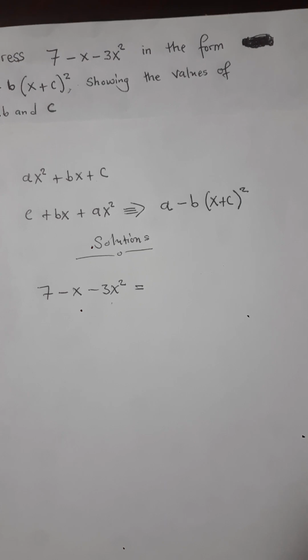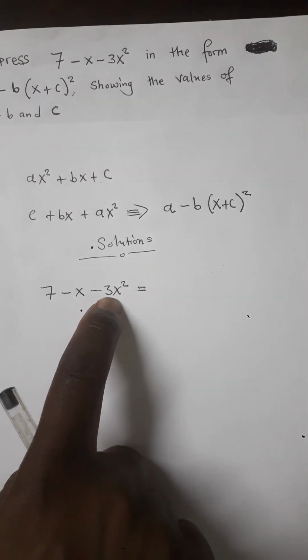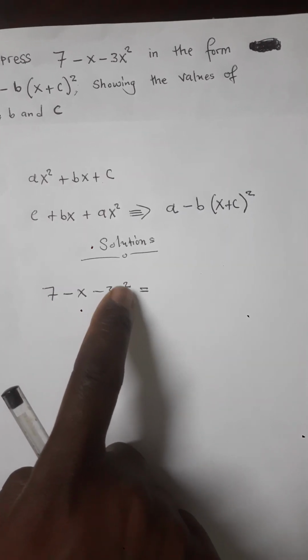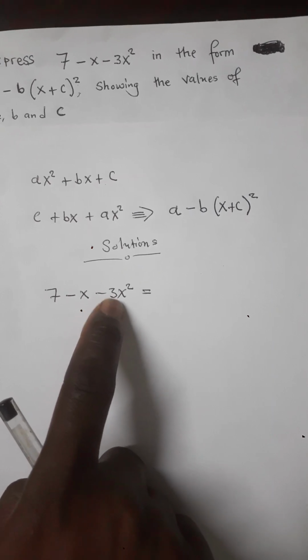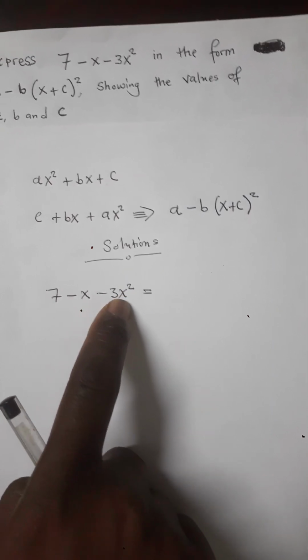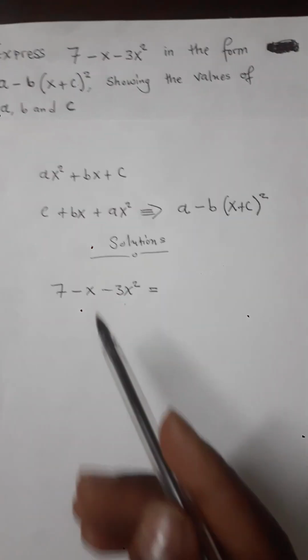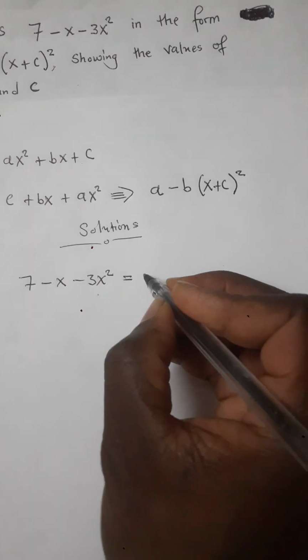So after arranging it in a standard form, I focus on the coefficient of the variable with the power 2, which in this case is minus 3. I make it positive 1. So I make the coefficient of x to the power 2 be 1, not 3. How do I do that? It's simple. I just factor out minus 3, or divide every term by minus 3.